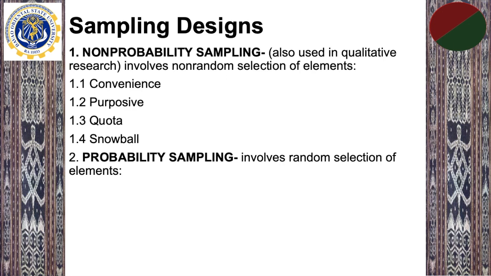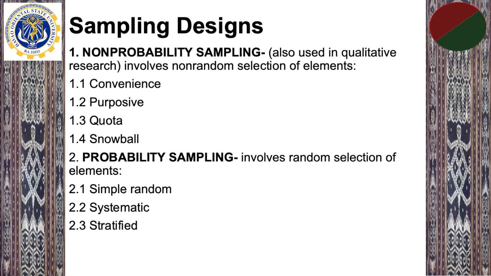Here, it involves a random selection of elements, meaning each of the elements in the selected population has an equal chance to be selected as a sample of the study that the researcher wanted to conduct. These are the various categories of probability sampling: we have simple random, systematic, stratified, cluster, and multi-stage.